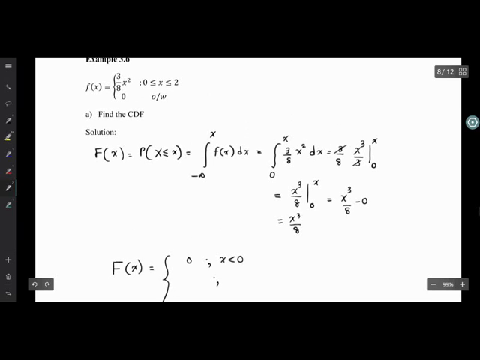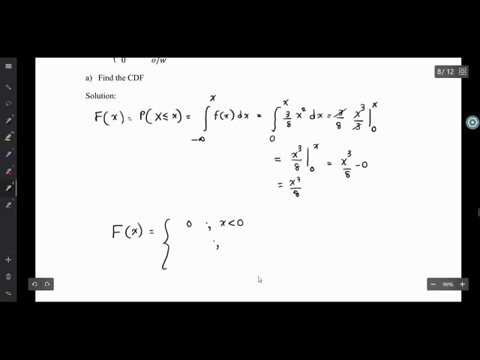Then for x from 0 to 2, the CDF will be x to the power 3 over 8, and after 2, it attains total probability 1. So this is how you should write your CDF.